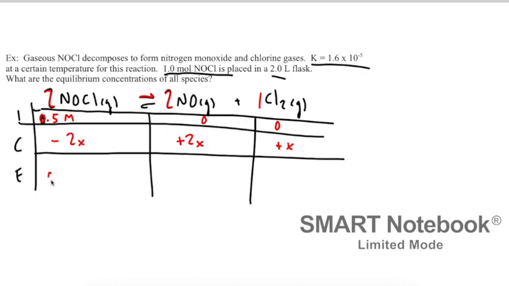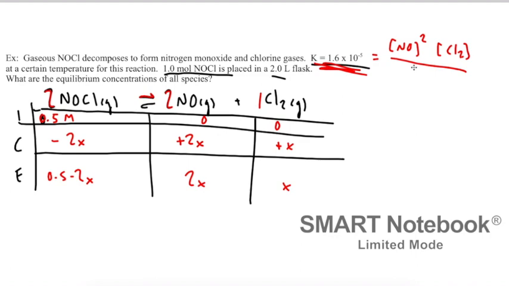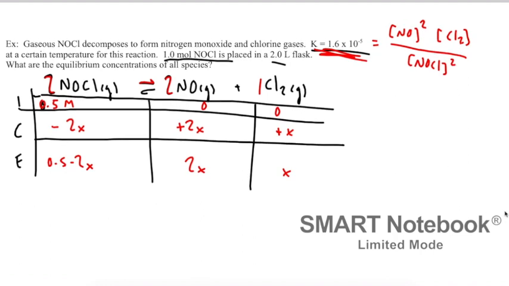So I get this equilibrium expression, 0.5 minus 2x. 0 plus 2x is just 2x, and then 0 plus x is just x. Of course, I have my K value right here. I know that that is equal to the concentrations of products raised to their stoichiometric coefficients divided by concentrations of reactants raised to their stoichiometric coefficients. And then I can plug and chug and solve.